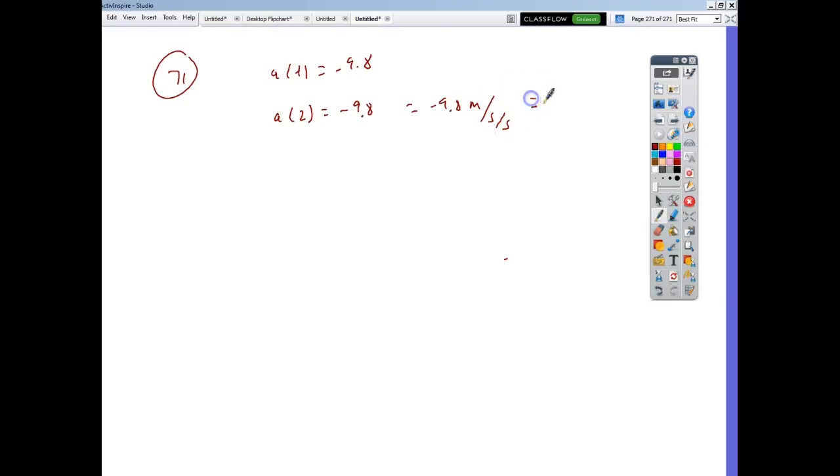For those of you who are playing the home game, you can also write it like this. Good? Then the next question is, what's its velocity? How do I turn acceleration to velocity? The antiderivative of this equation would give me my velocity equation. Agreed? So that's going to be negative 9.8 t, plus my initial velocity.